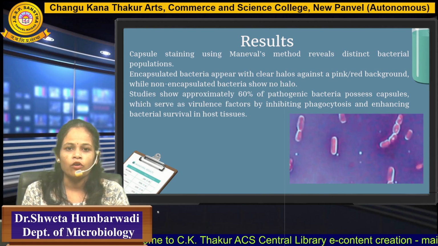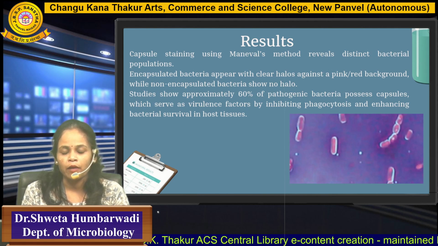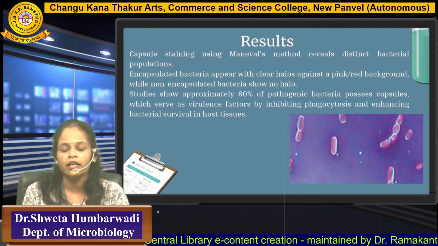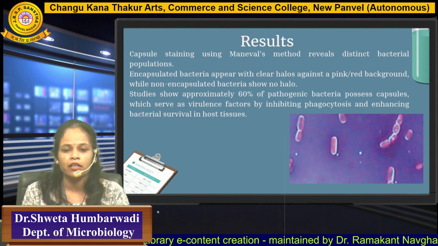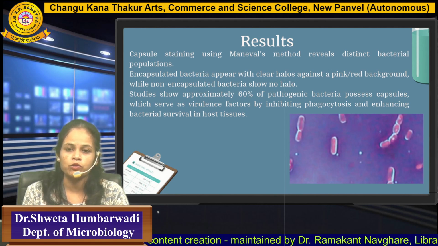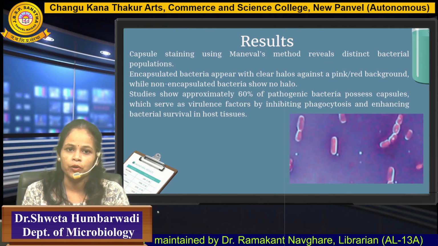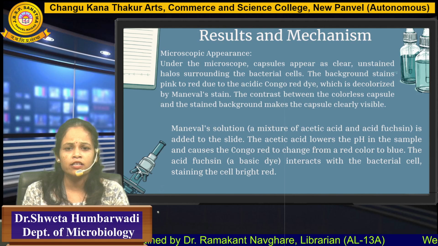Here is the result of how we will observe the capsules of this organism after the staining. Clearly it is observed that the cell cytoplasm is pink in color with a colorless capsule around it, and the background is blue in color. So what is the basic mechanism?